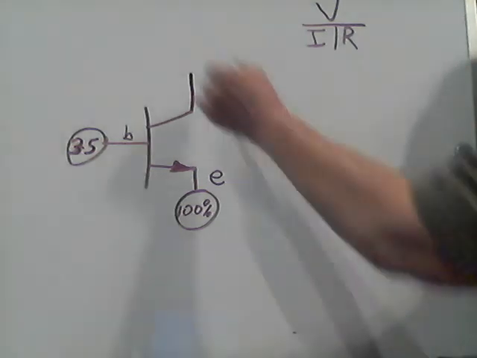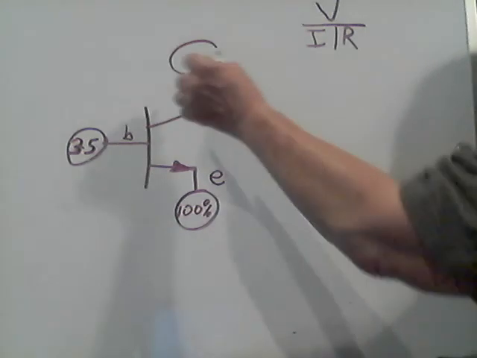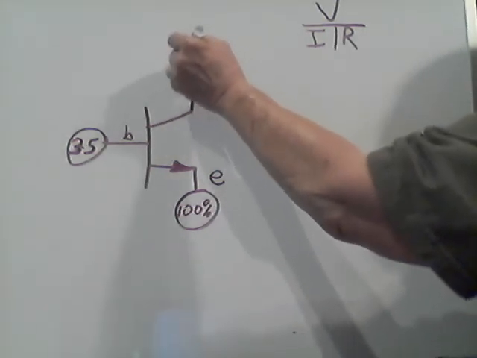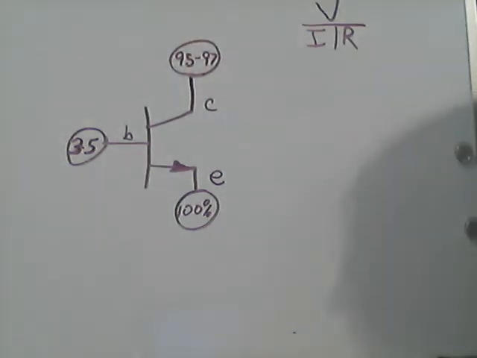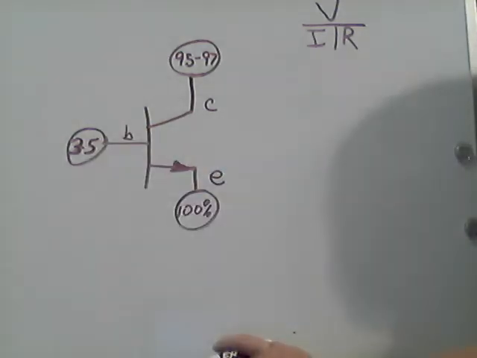The rest of the current, because it all has to flow somewhere, 95 to 97% of the current is actually going to flow through the collector. So basically, this idler current here that we've always talked about is controlled by the emitter base current.